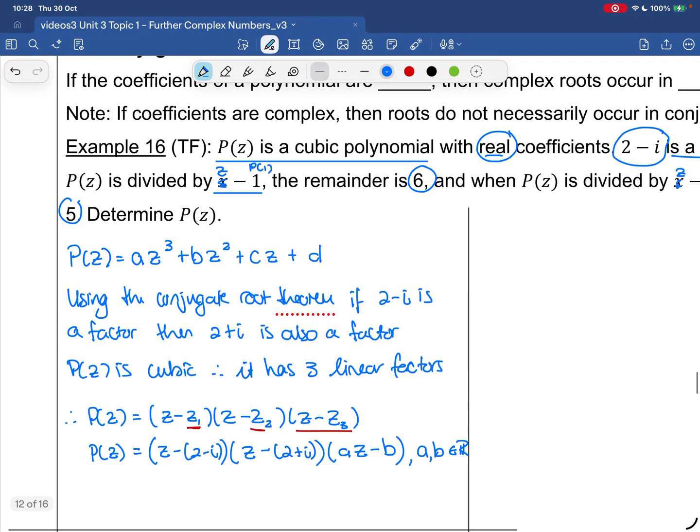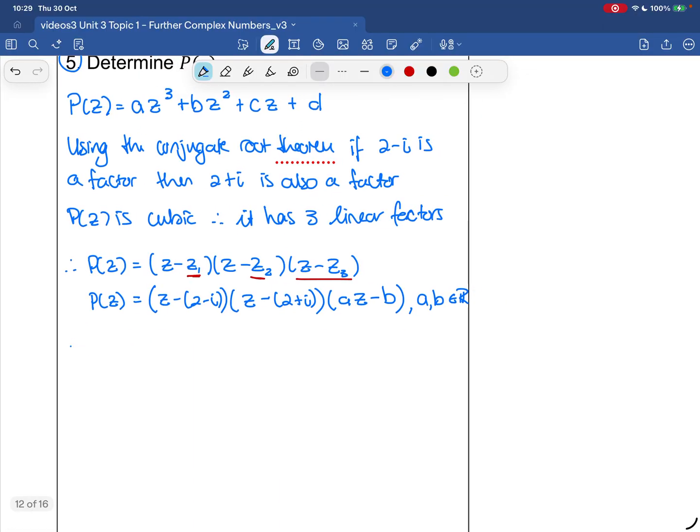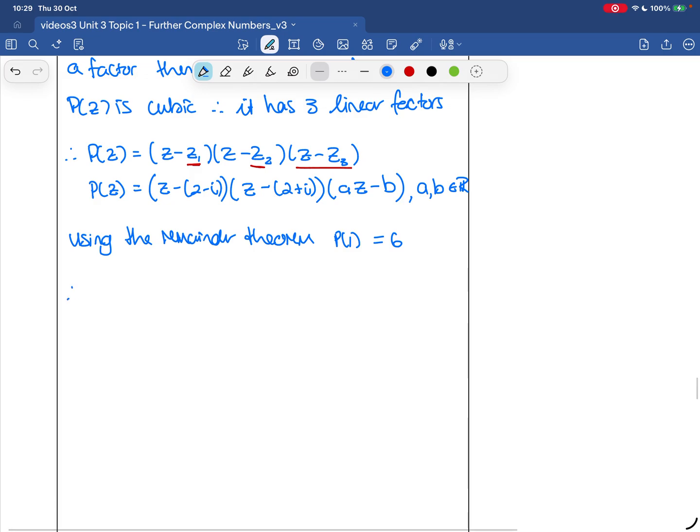Now, what else have they told me? Well, they've told me that if I substitute a 1 into every single value of z, my remainder is 6. Okay, so let's start with that. So using the remainder theorem, P of 1 is equal to 6. Okay, so therefore 1 minus 2 minus I, 1 minus 2 plus I, A times 1 minus B is equal to 6.